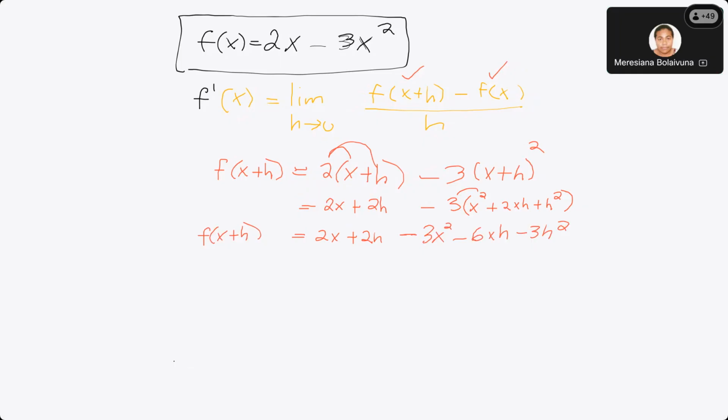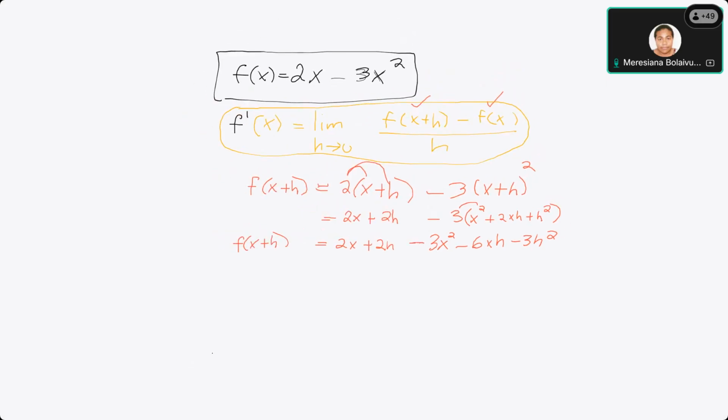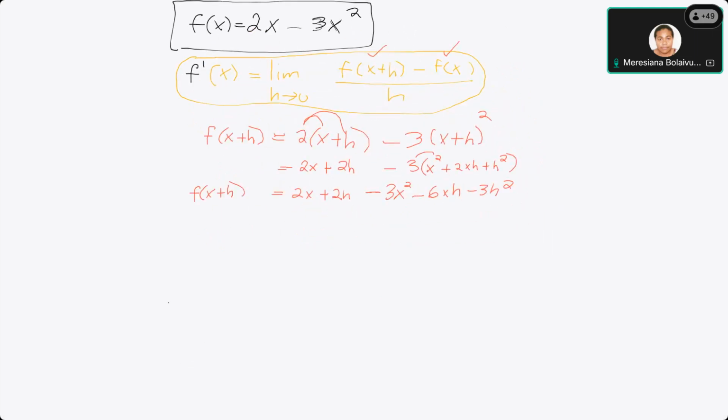Now we're going to substitute these two pieces of information into the formula for the definition of derivative. This is the definition of derivative because this is going to help us to find the equation for the derivative. So I'll draw a line here.